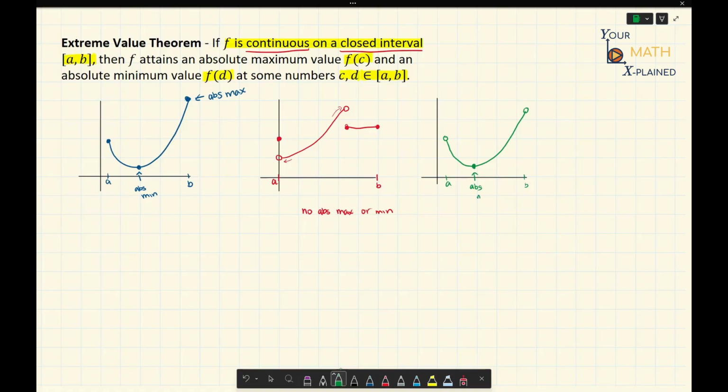So this is the absolute min, but no absolute max. This is for the same reasoning as the second example, because that absolute maximum point has now been removed. So we can get closer and closer to it, but we can never actually get there. And this is why we must have f being continuous on a closed interval.